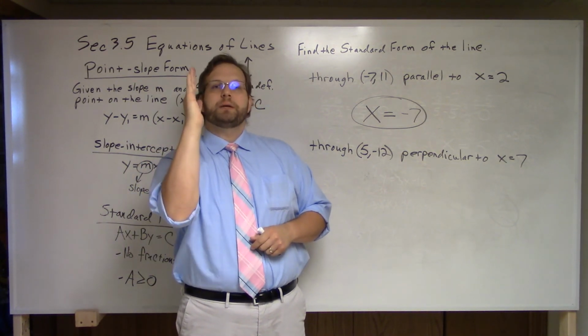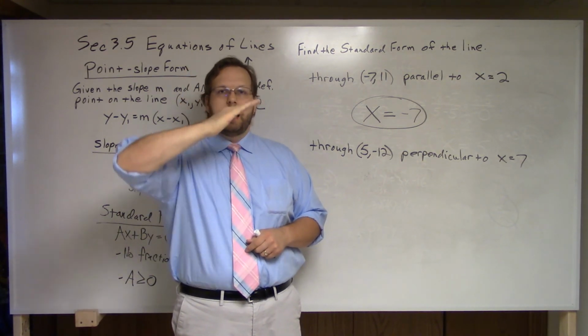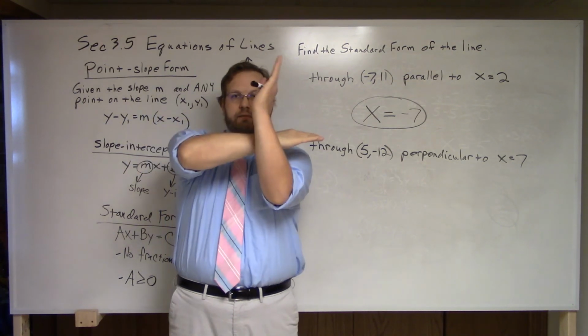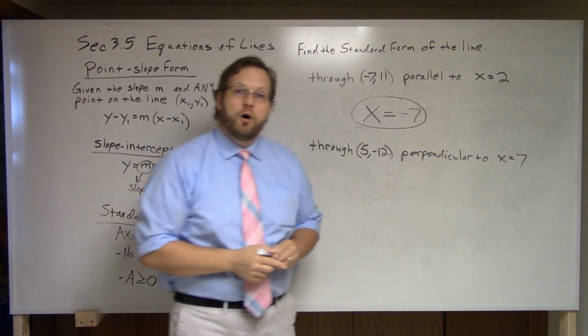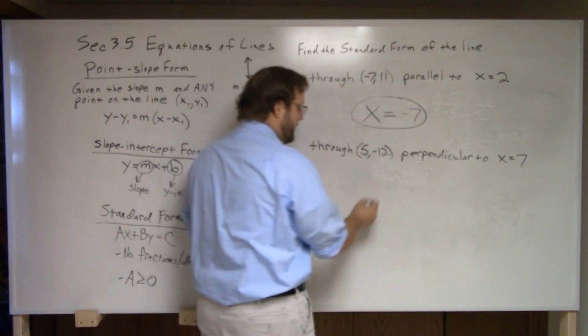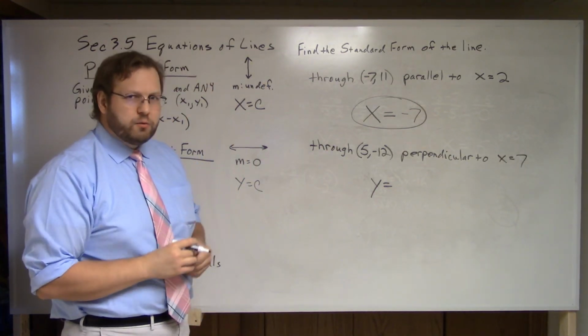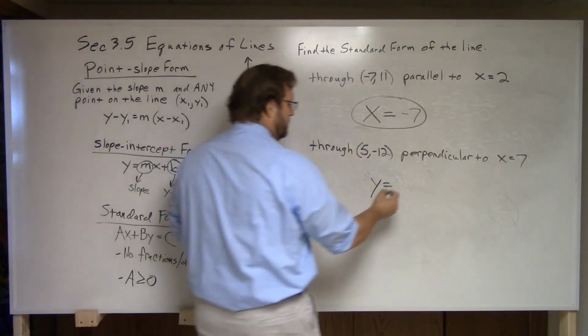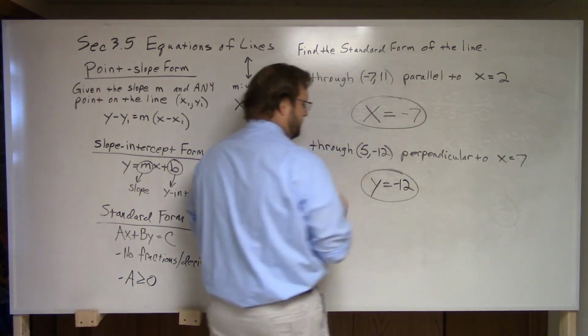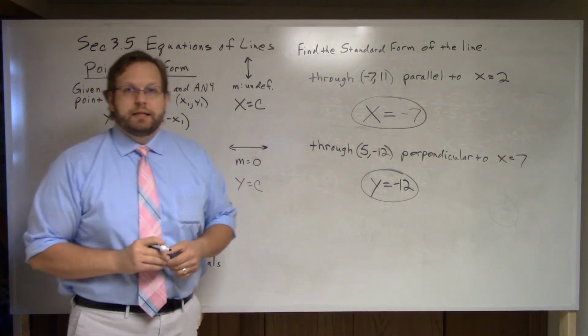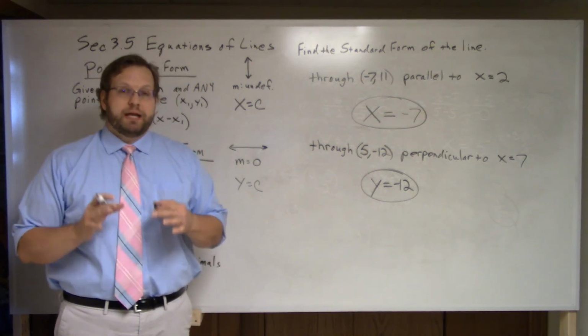But if I'm perpendicular to this, I have to be horizontal, okay? Giving you that right angle. So now I'm looking for a horizontal line, therefore my equation is y equals. What's the only y value they give you? -12. There's no work to show on these, but we have to stop and think.